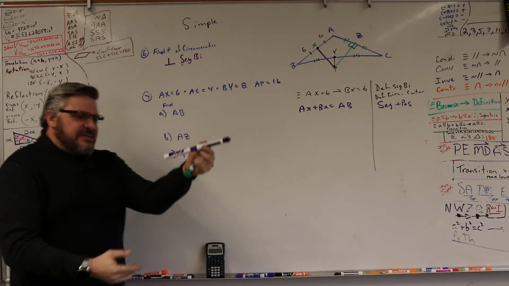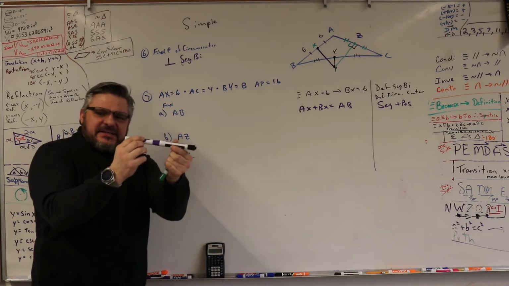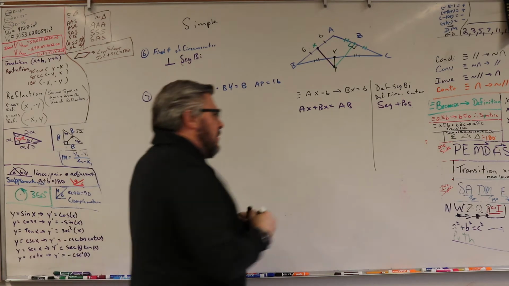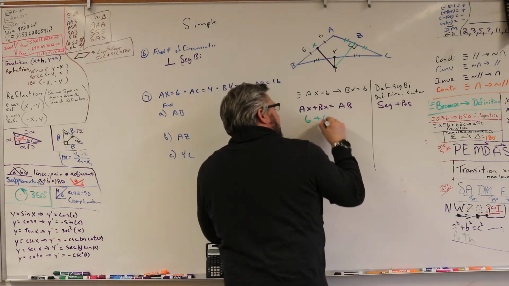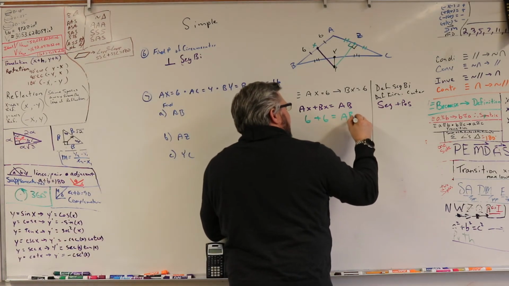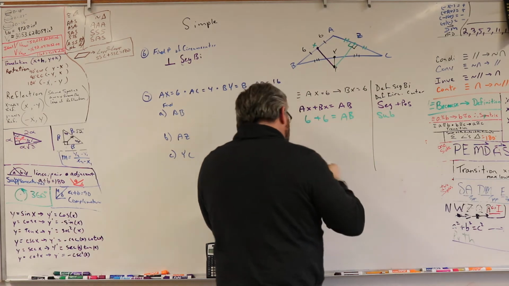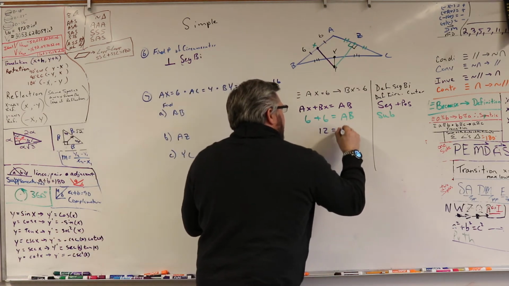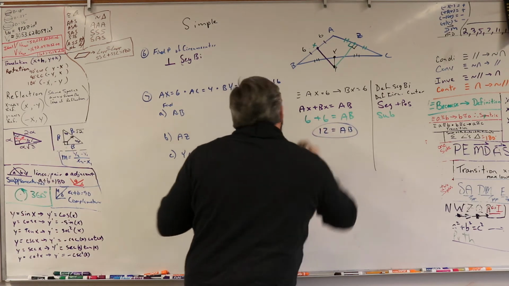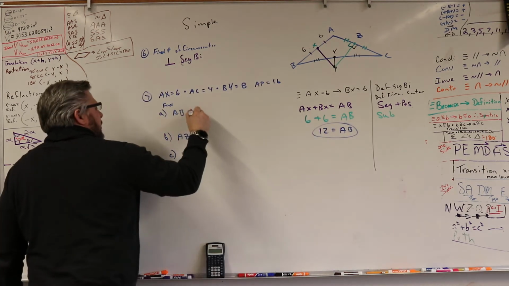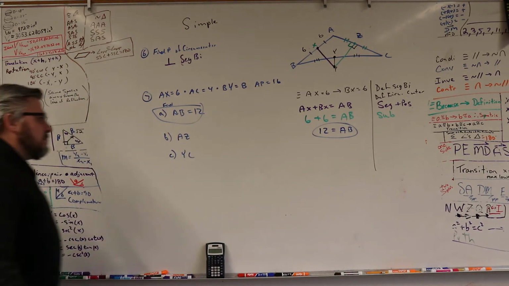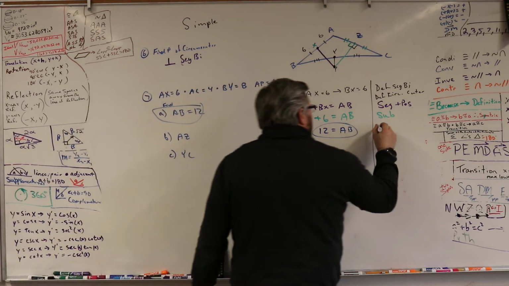So if this piece is 6 and this piece is 6, then they have to add up to be what? 12. Yes. So 6 plus 6 equals AB. That's substitution. And so 12 is equal to AB. And that is the first answer. Simplify.